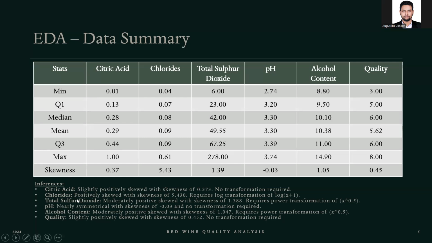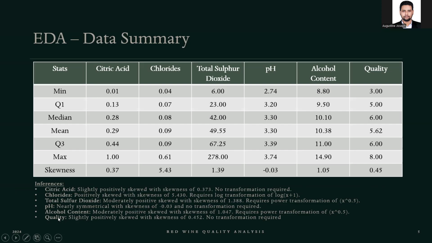The inference from this data summary is that the citric acid is slightly positively skewed, so we don't require any transformations, while the chlorides are very highly positively skewed, and we need a log transformation in this case. The total sulfur is moderately positively skewed, and we might require some transformations like power transformations. The pH is nearly symmetrical, so no transformations are required.